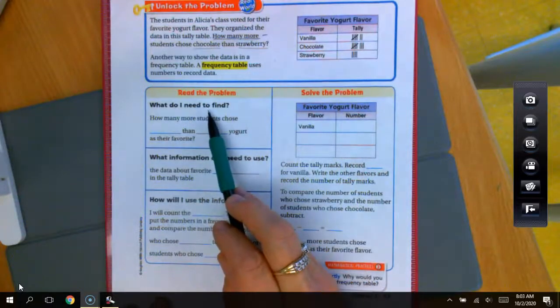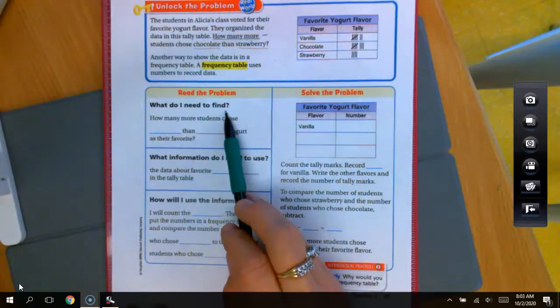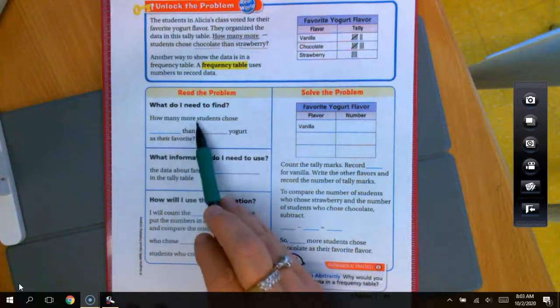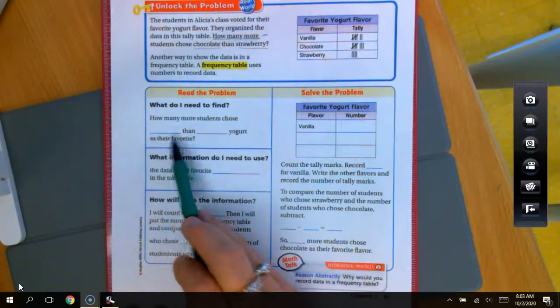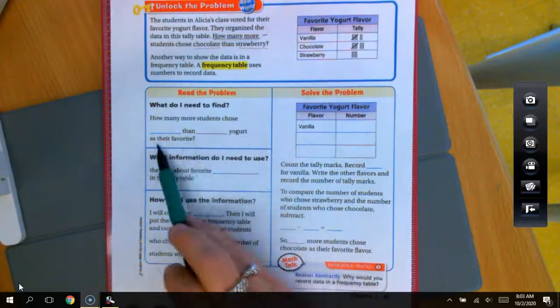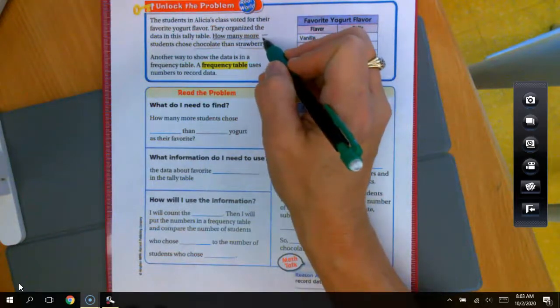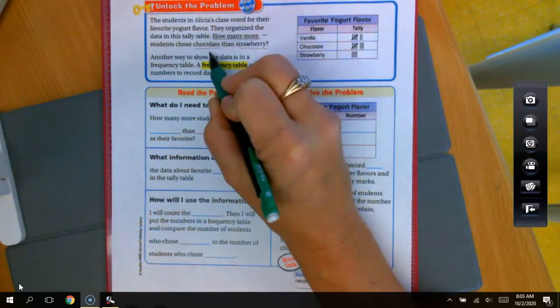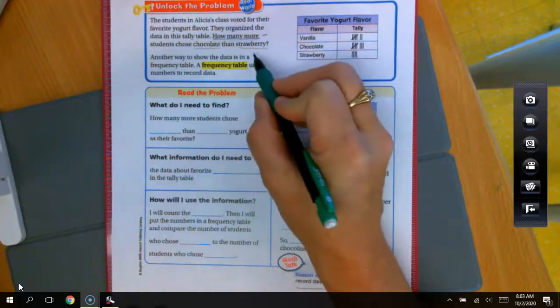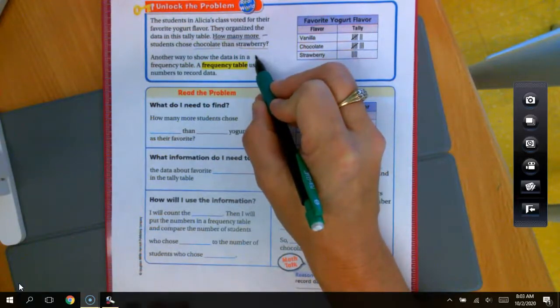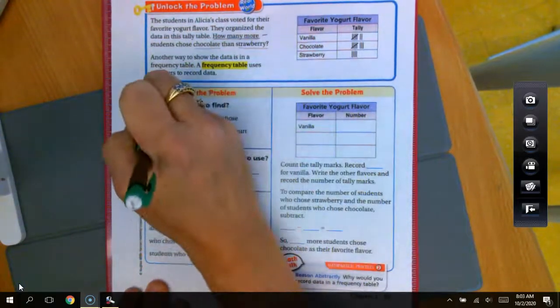What do I need to find? I need to find how many more students chose blank than blank yogurt as their favorite. That's the information we're going to write on the lines.